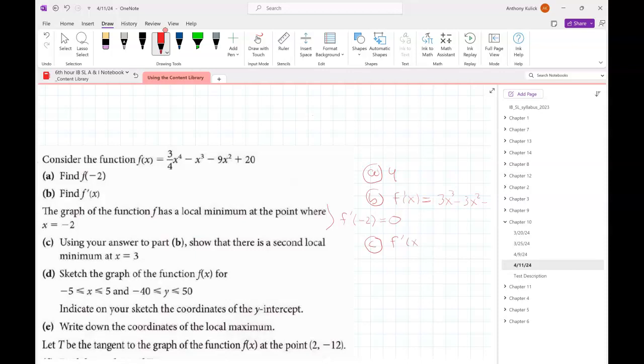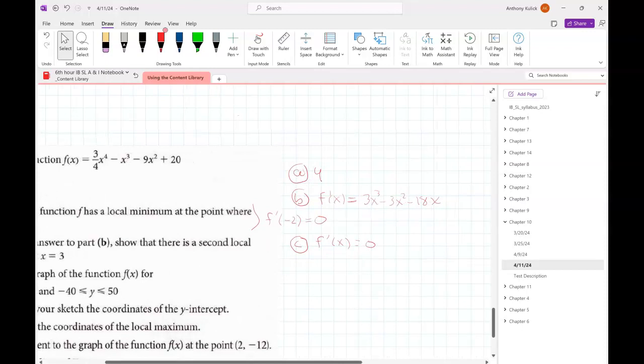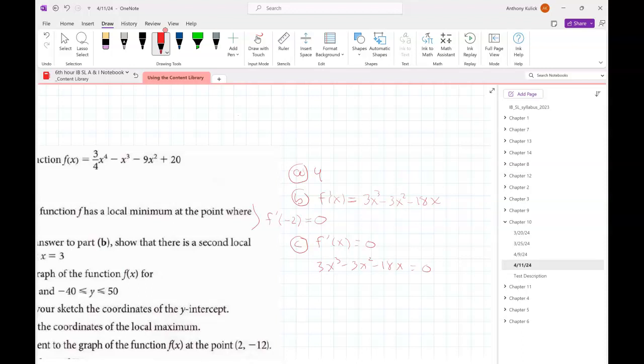So we're going to be doing this, right? Since it says using our answer from this previous part to show, let's do that algebraically.